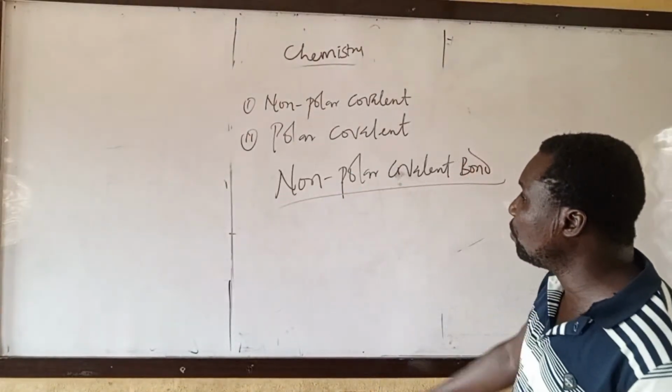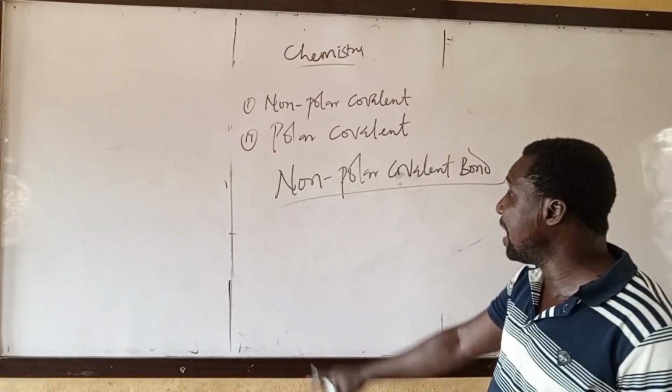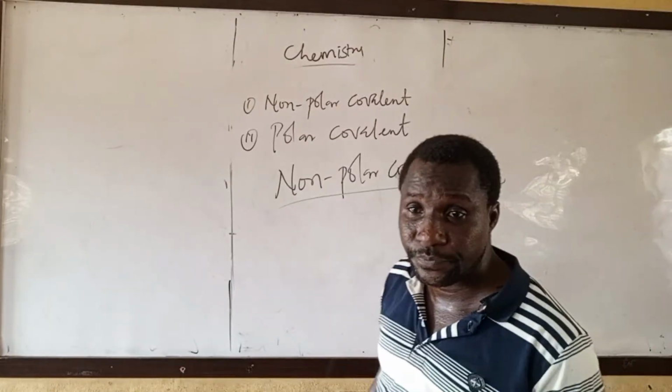I said we have two types of covalent bond: non-polar and polar. What do I say about non-polar?